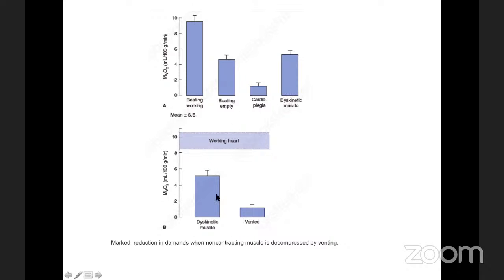If you look at number B, the patient with the vent is actually better, and the requirement for oxygen is less than in the other group, which indicates the patient should go on bypass as fast as possible for decompression of the left ventricle, and it is better to vent the LV.